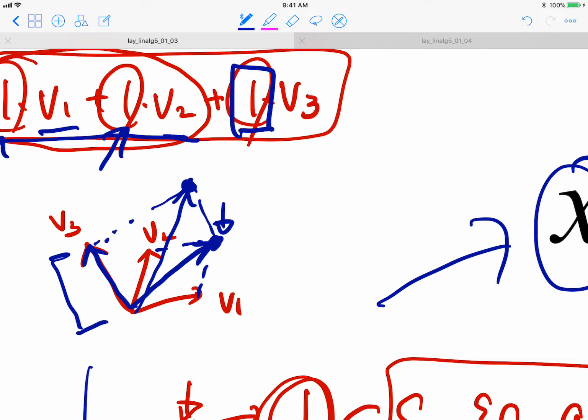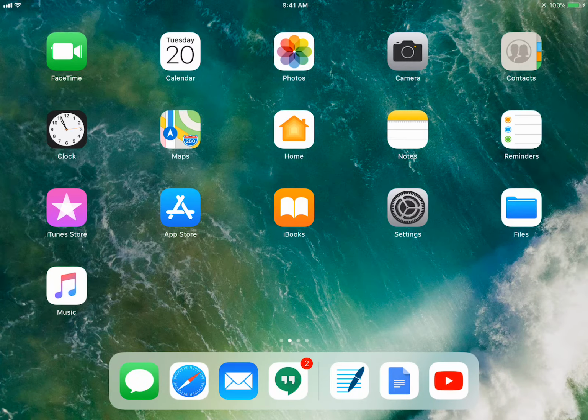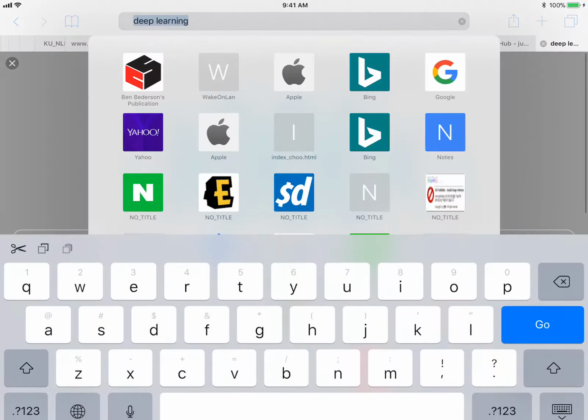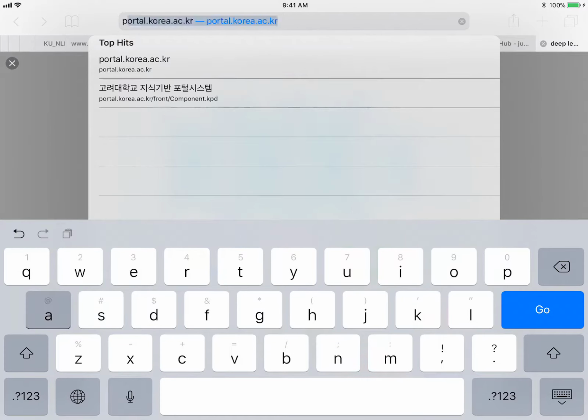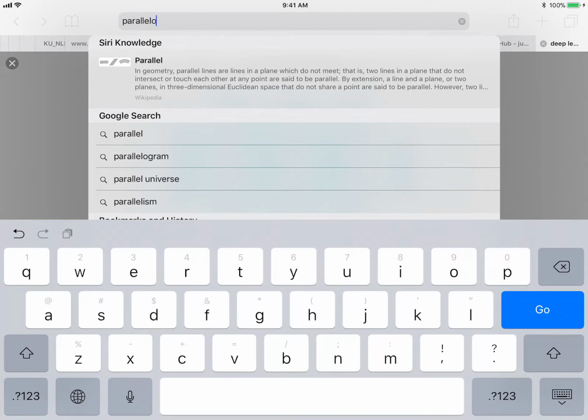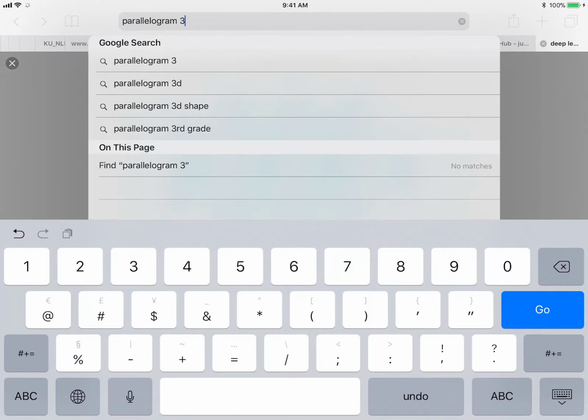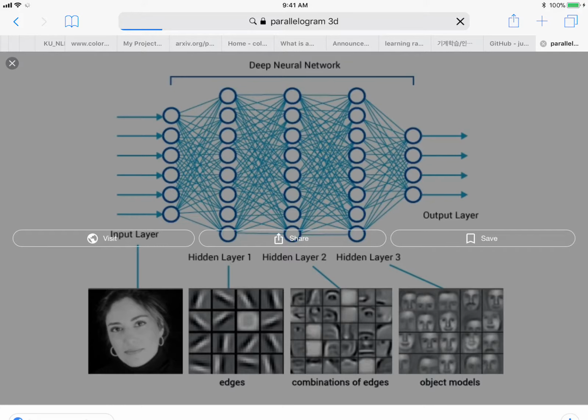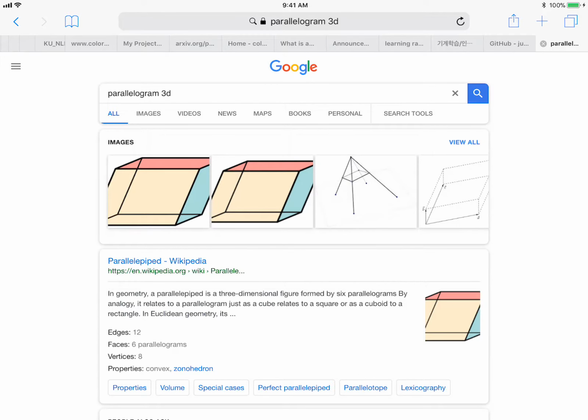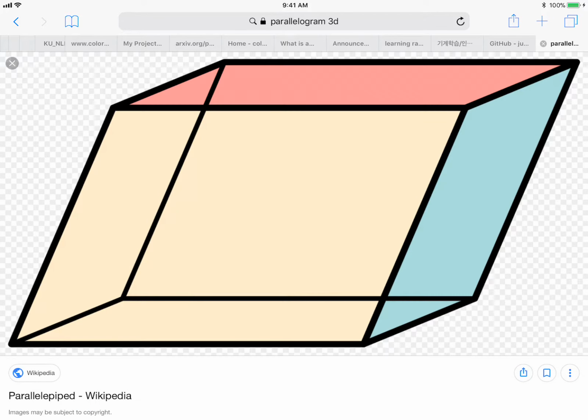Let me try to draw this three-dimensional parallelogram, or let me see if I can search for the proper figure. Okay, I wanted to have this figure.